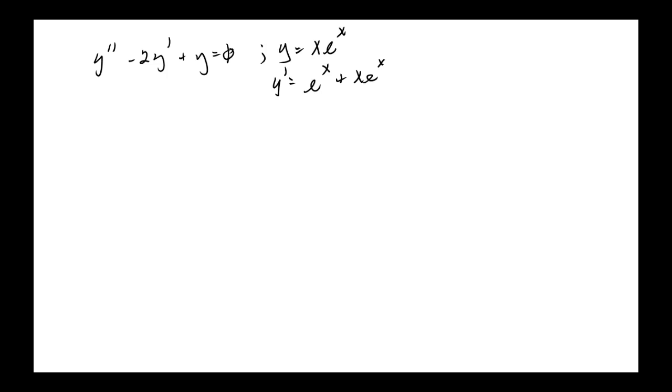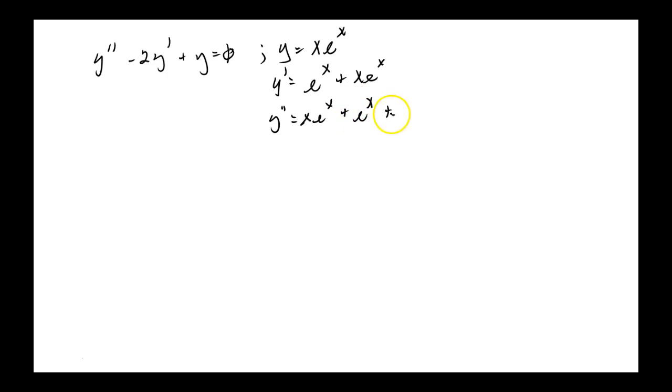So yes, that's correct. But you also need y double prime, and that would be equal to x e to the x. Okay, you started with x e to the x. Yeah, that's fine. X e to the x plus e to the x.